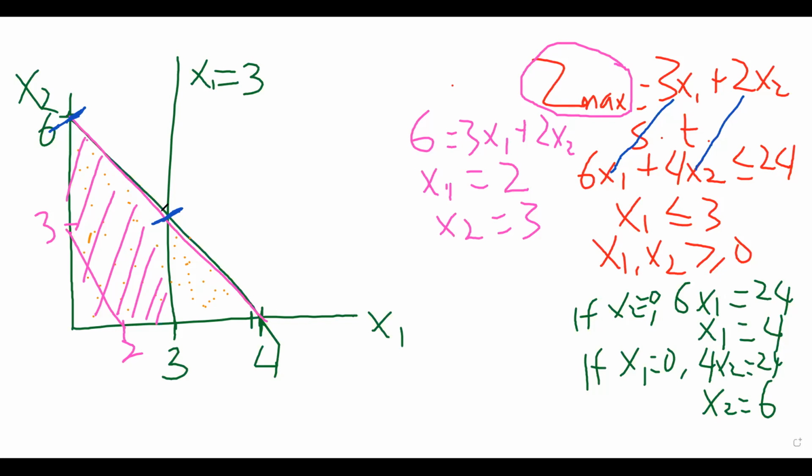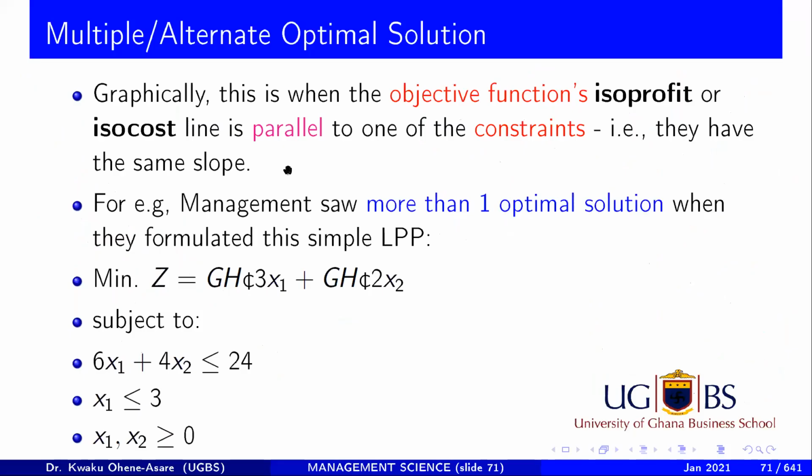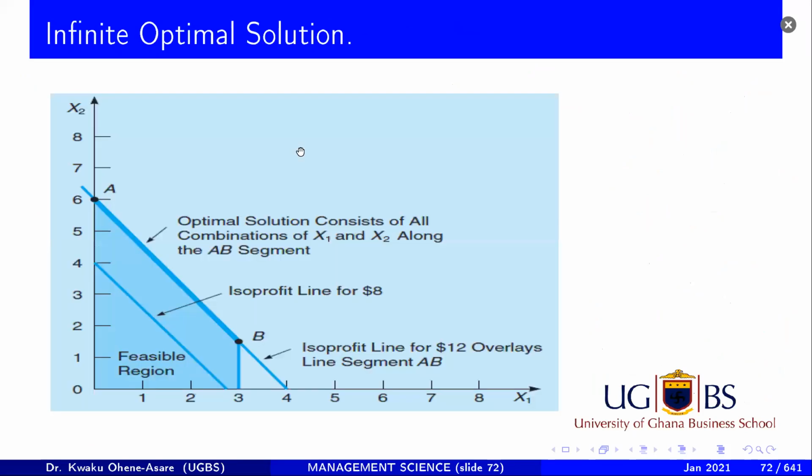And that is why we have a multiple optimal solution. So this is a typical example of what I just did. Every point is seated on the line, and every point there will be a solution. Multiple optimal solutions occur when the isoprofit line is tangent. Any question? If it's not clear.